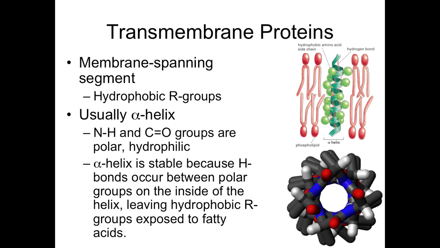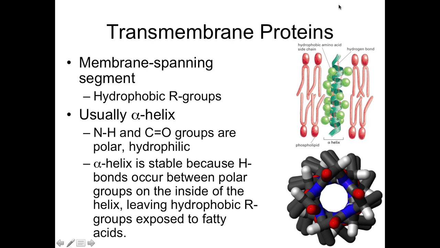All right, so let's look at those membrane spanning domains. Here's the membrane spanning domain of a protein, and I want you to notice that this is an alpha helix. And these little green dots are the R groups. So these R groups must be hydrophobic. The amino acids there are hydrophobic amino acids so that they can interact with the hydrophobic fatty acid tails.